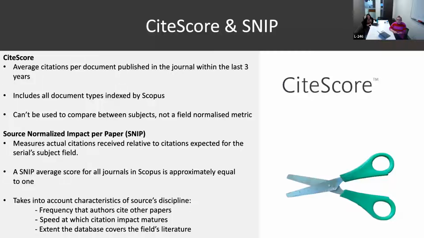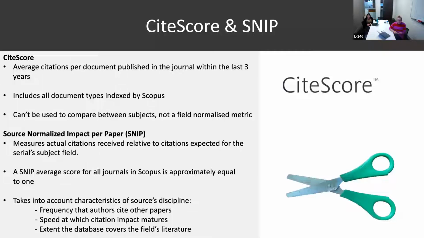The other one that we'll see within here is the source normalised impact per paper, which is SNIP, and it measures the actual citations received relative to citations expected for that serial subject area.